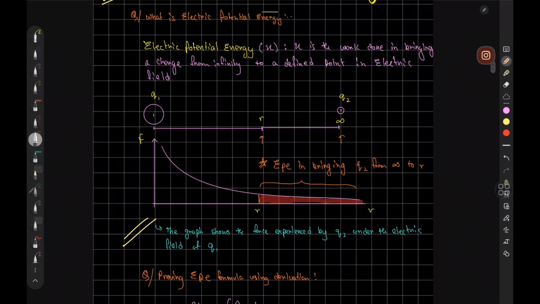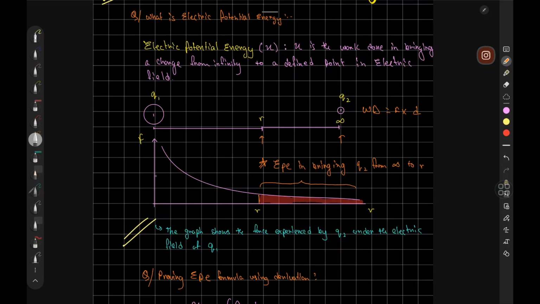So from this, if I want to go back to deriving electric potential energy, notice electric potential energy again is the amount of energy needed to bring a point charge from infinity to a defined point, let's say in this case r. Okay, so this highlighted portion is the work done. How is it the work done? Remember, work done is nothing but force times distance.